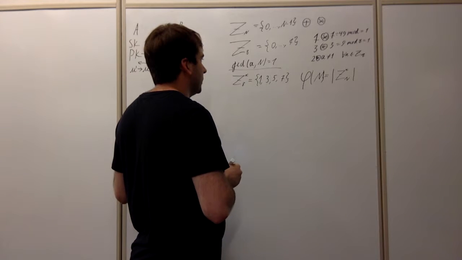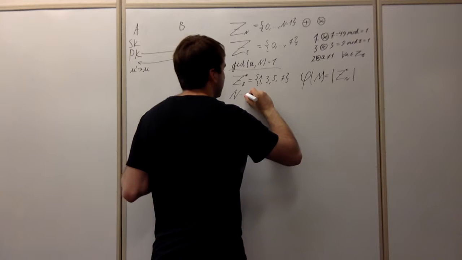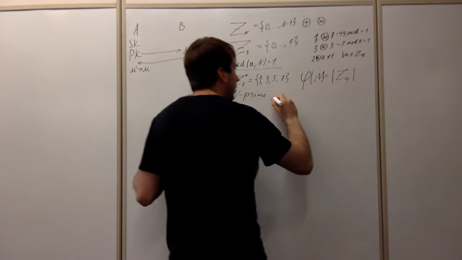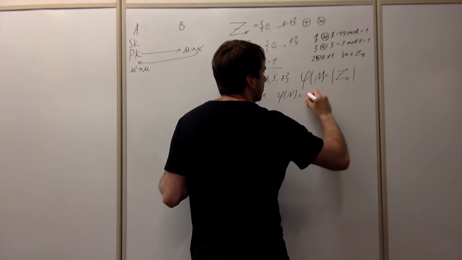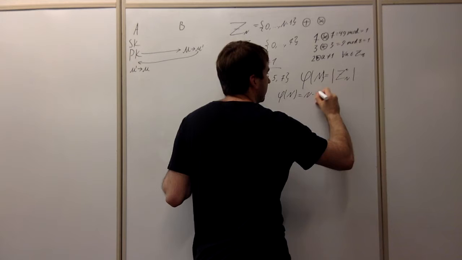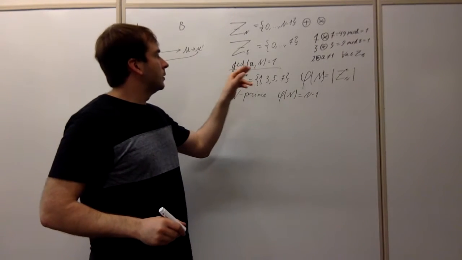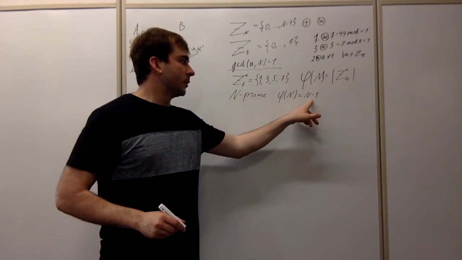Let's make some interesting observations. If n is prime, then phi of n is equal to n minus 1. Why is that? Because if n is prime, then it's co-prime with every element in the ring except for 0.